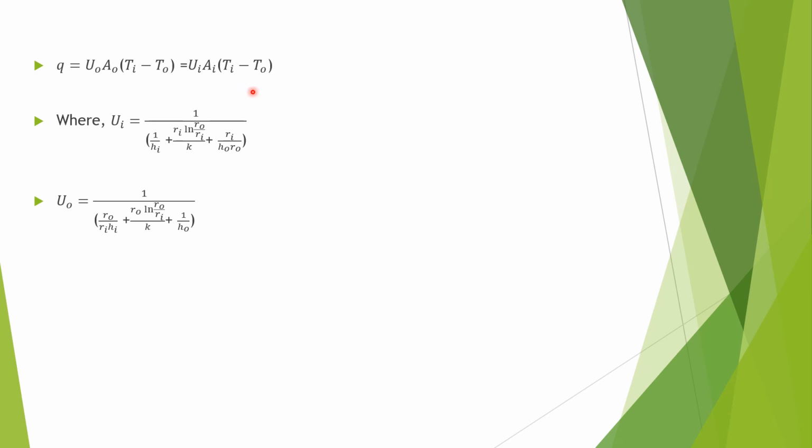As the rate of heat transfer is the same, even if we consider the inside diameter or outside diameter, we can say that these two equations are same, and that is Q is equal to Uo Ao (Ti minus To) is equal to Ui Ai (Ti minus To). आई होप आपको ये समझ में आया है.